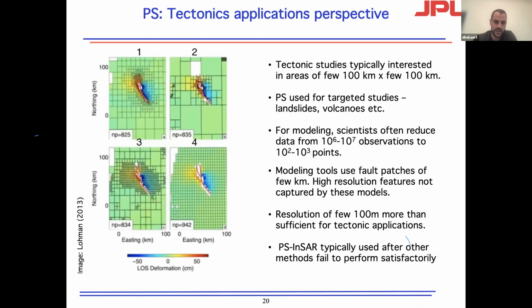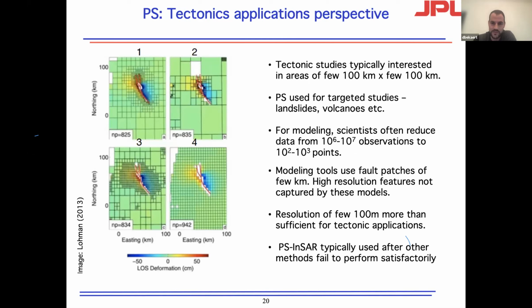So perhaps one thing which we generally observe is that PS is a full resolution method, often too high resolution for some of the tectonic applications in terms of how to model it. With tectonics, you might be modeling processes at depth, so you don't need every other pixel or every pixel type of resolution, mainly because the inversion models can't handle it.